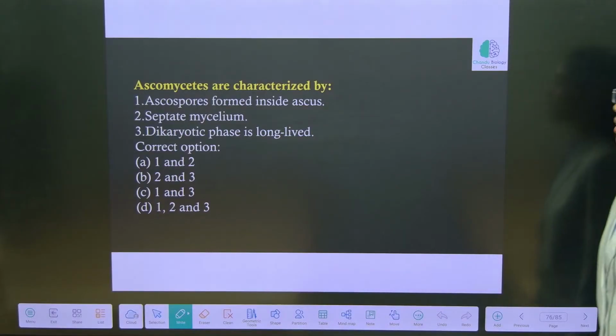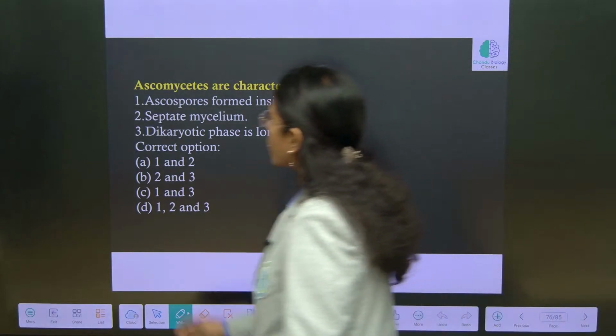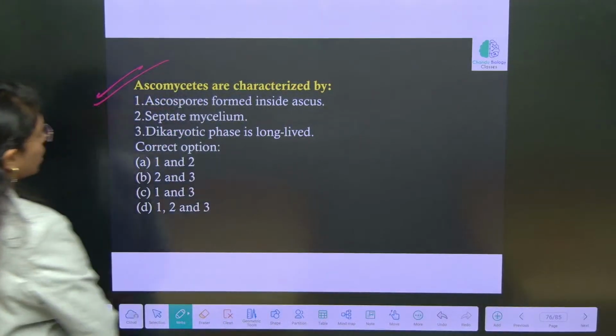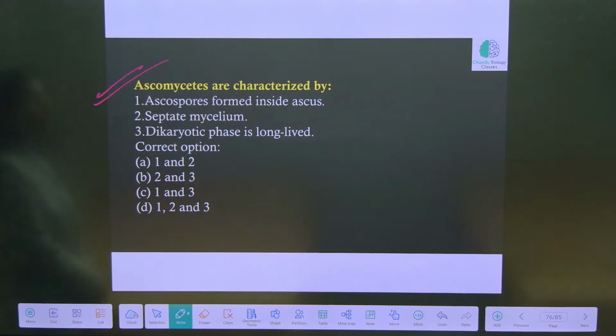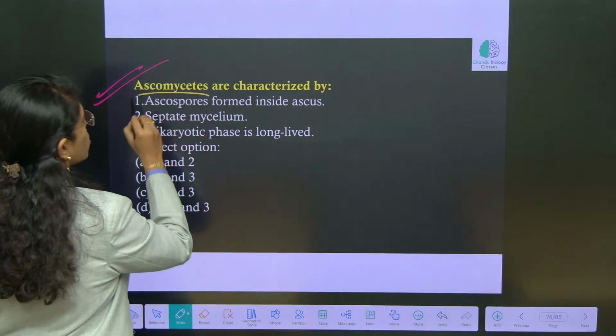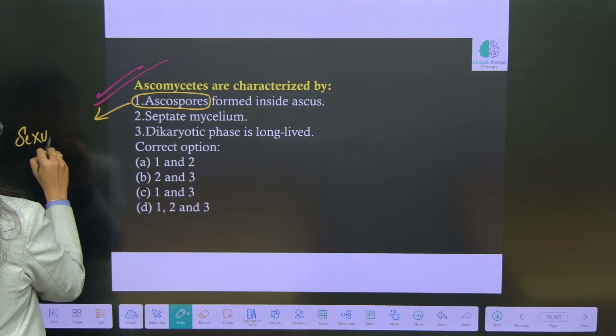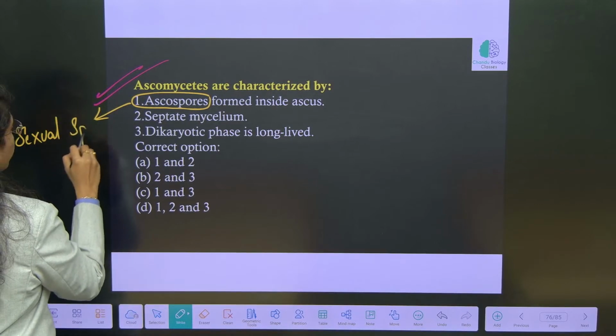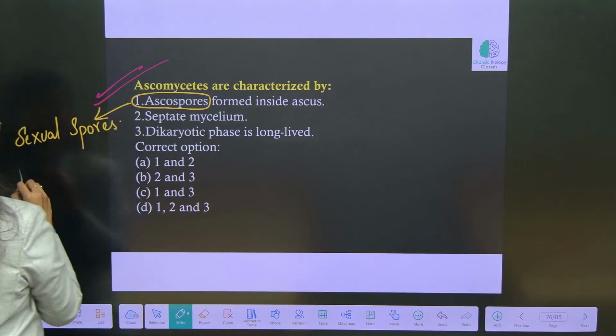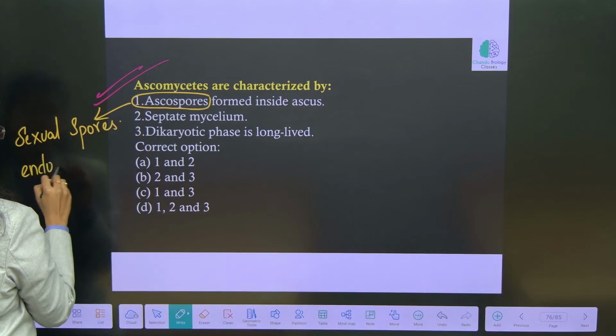Ascomycetes are characterized by, important, the sexual spores of Ascomycetes are ascospores, which are endogenously produced.